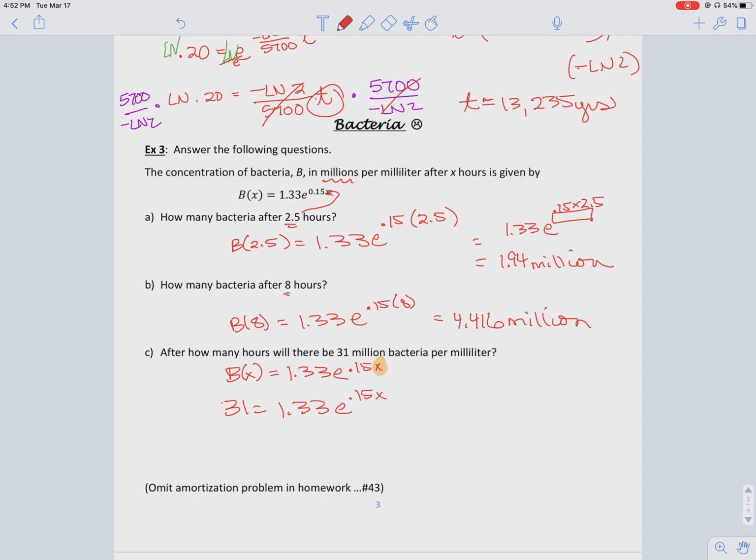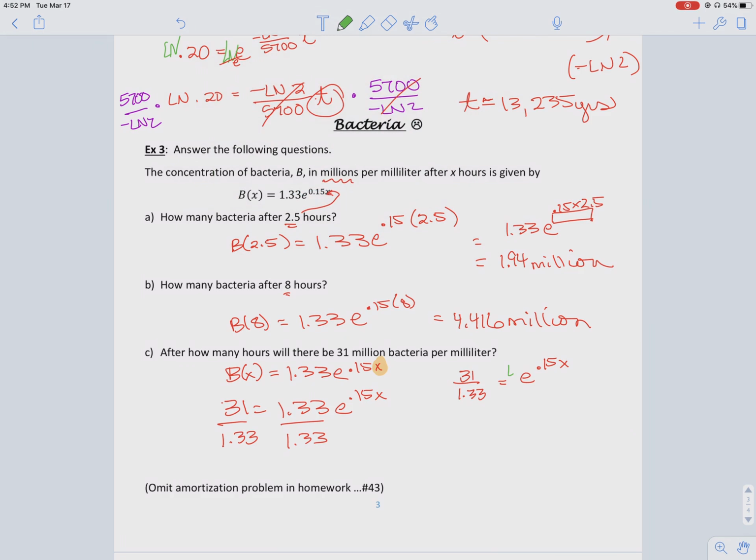All right. Okay, so I need to get this part right here by itself. So to do that, I've just got to divide. I'm going to divide by 1.33. And again, I sort of keep that. That's going to be the e to the 0.15x.